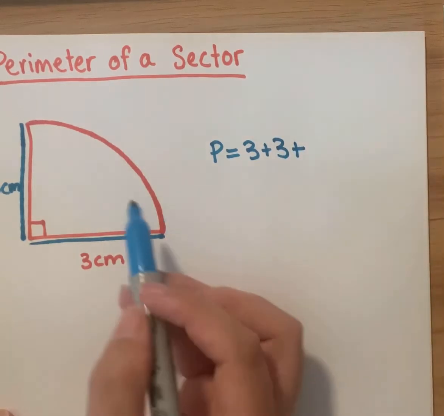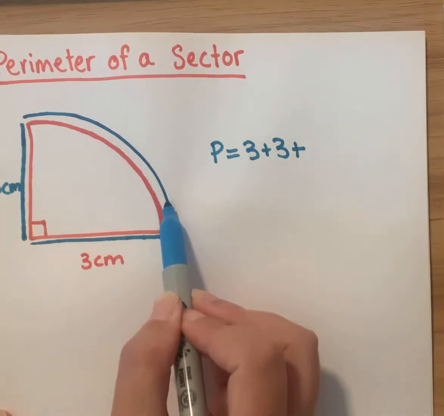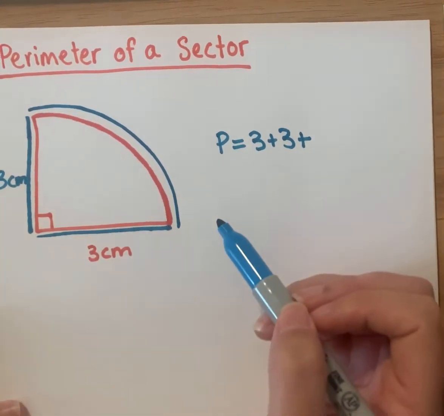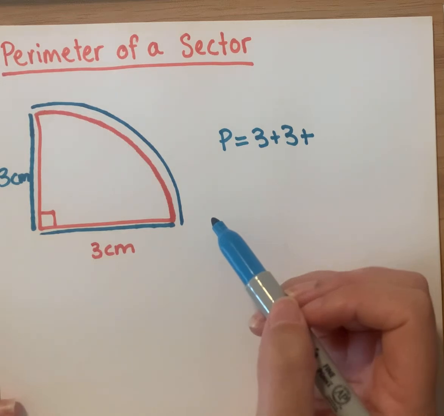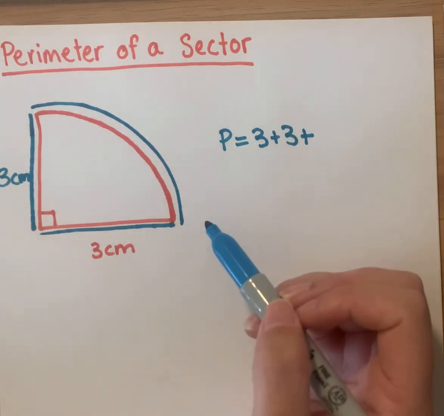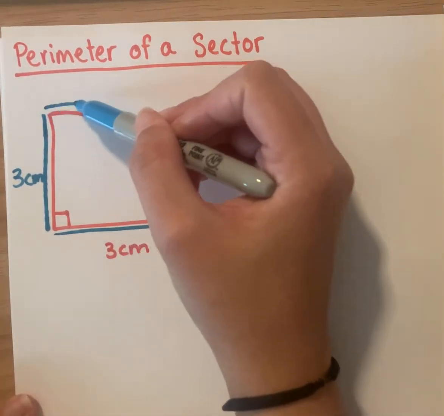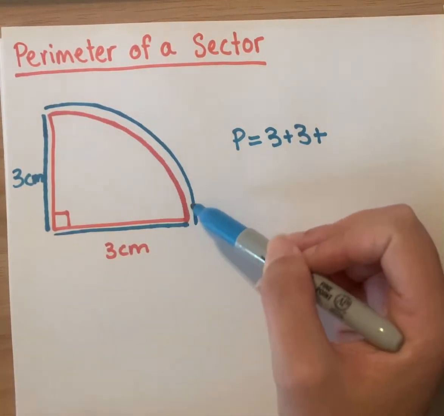And then we need to add this curved side length here as well. And this curved side length we call the arc length. Now, if we think back to our previous example, we already know how to find the circumference. And the circumference, if you think about it, is kind of like the curved side, but for a whole circle.